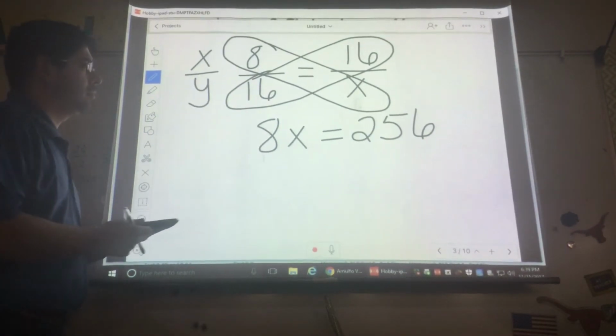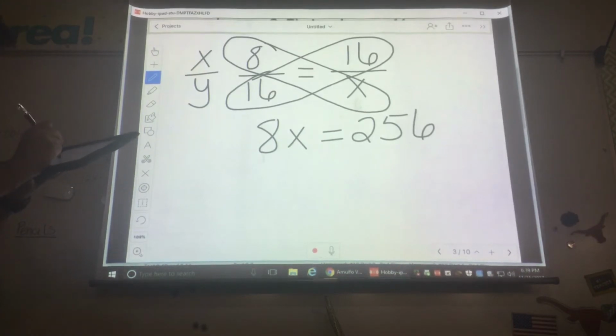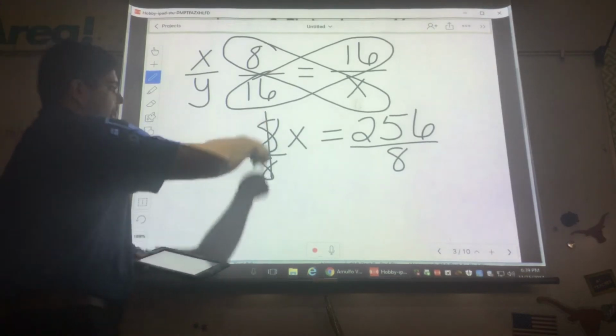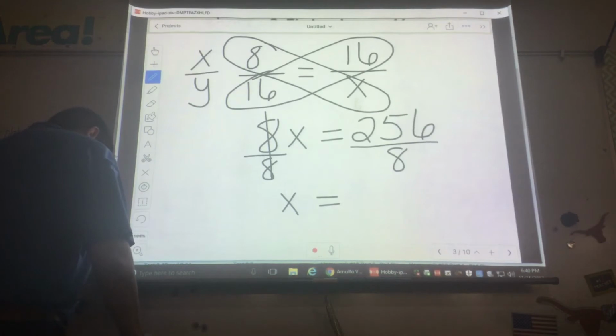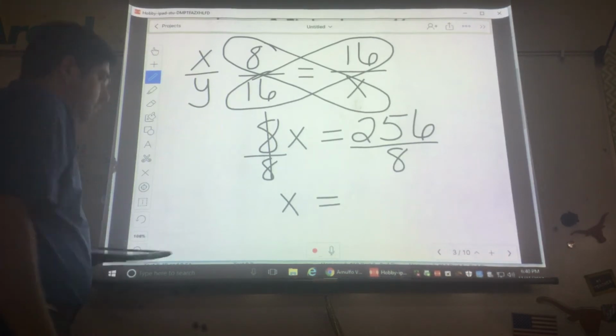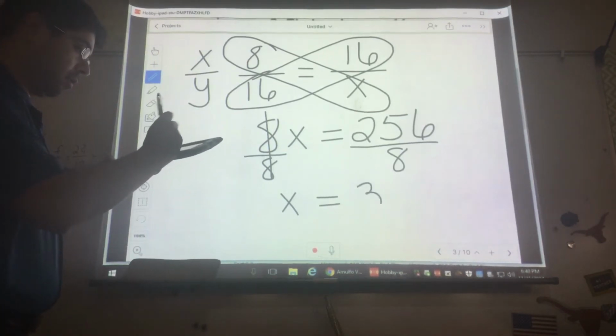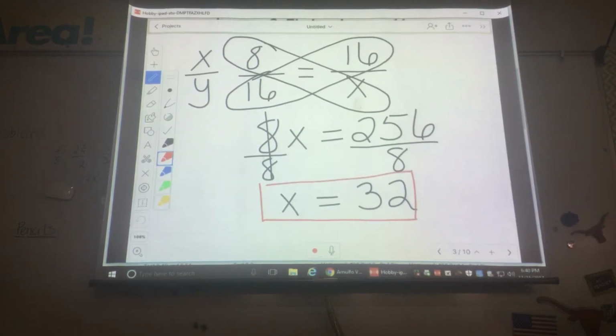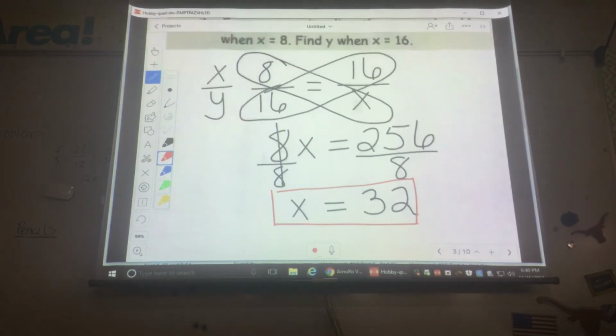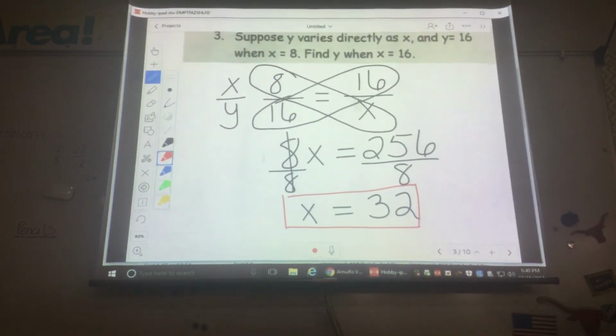So lastly, divide by 8, divide by 8, this makes 1, right here, that makes 1, x equals 256 divided by 8, we're going to get 32. Let's box that in, there we go. Nice. Okay, so x equals 32.